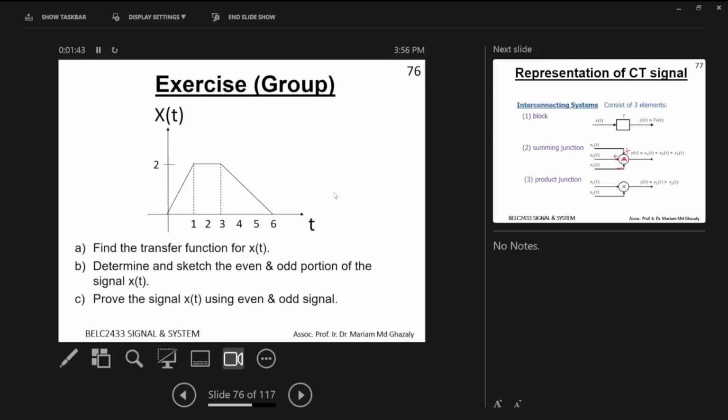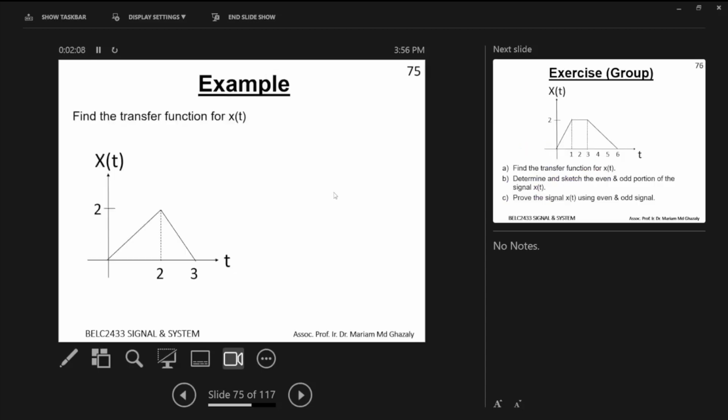The difference is that it has MPQ2, so you can try it at home. Get the solution. This question is combined with even and odd: decompose the signal into even and odd, then prove that when you add the even and odd parts again you get the original signal. That's all. Let's look at this exercise.